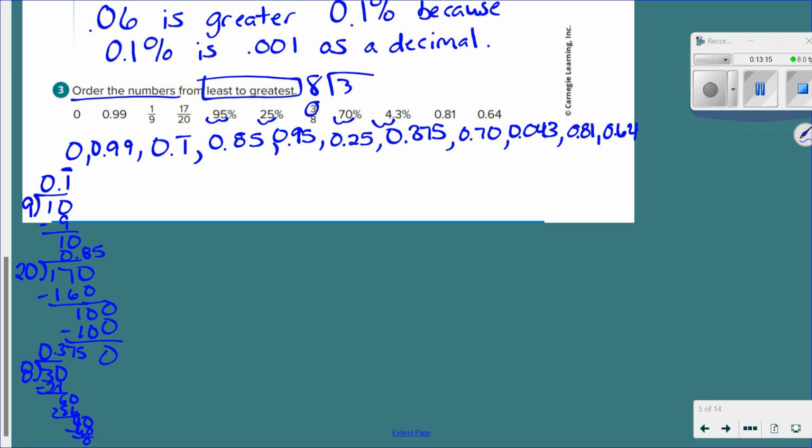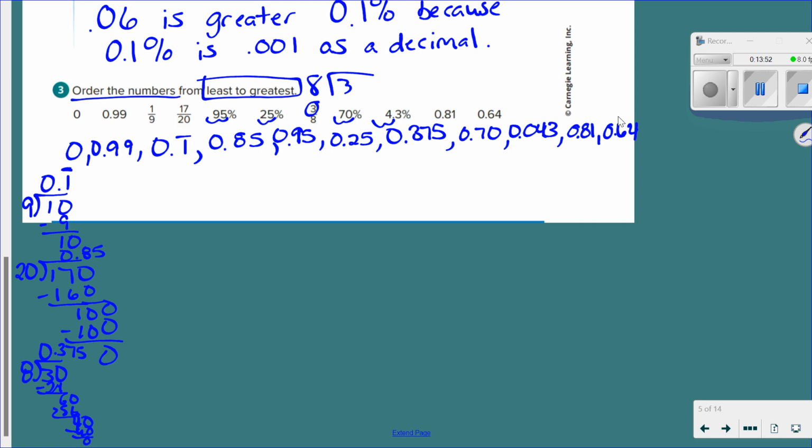So now we have all decimals. So let's start with our last place value. Which one's going to go first? Oh, the 0.37.